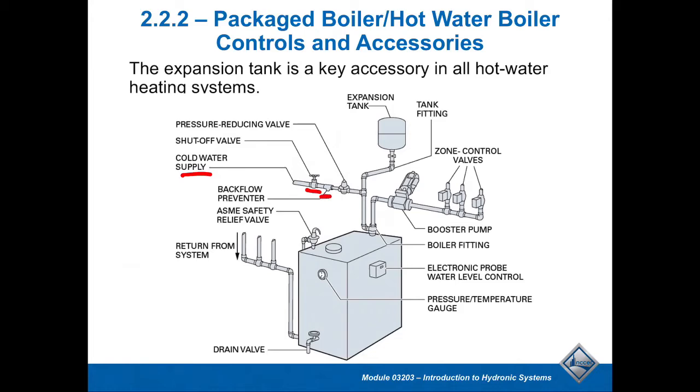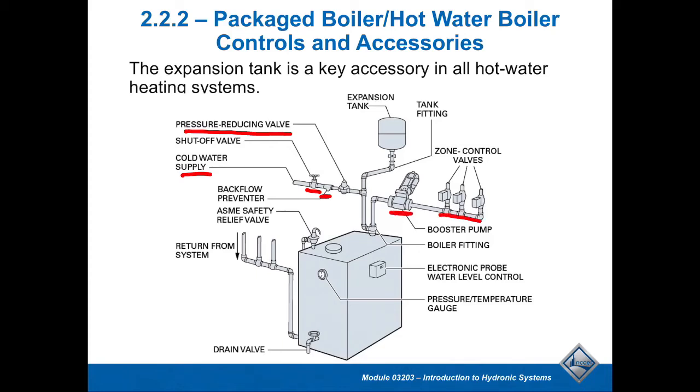This boiler also happens to have, on this system, the cold water supply. You can see the backflow preventer that we talked about earlier. That's like a check valve. It only lets the water flow one way, and it prevents the fluid within the boiler system from going back into the water that you would be drinking. A pressure reducing valve, we said, typically reduces it from the city water or the well water down to a usable boiler pressure, a boiler minimum pressure.